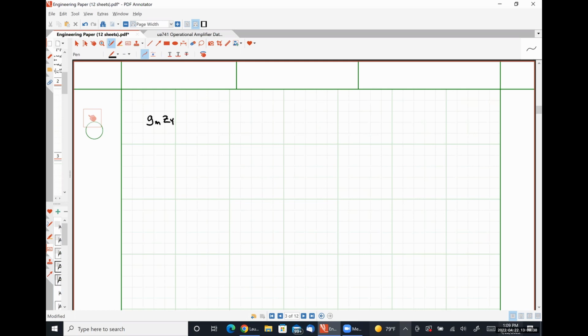So GM ZY is GM times RD in parallel with 1 over S CY, which is the same as, let's see, GM times RD over SCY divided by RD plus 1 over SCY.